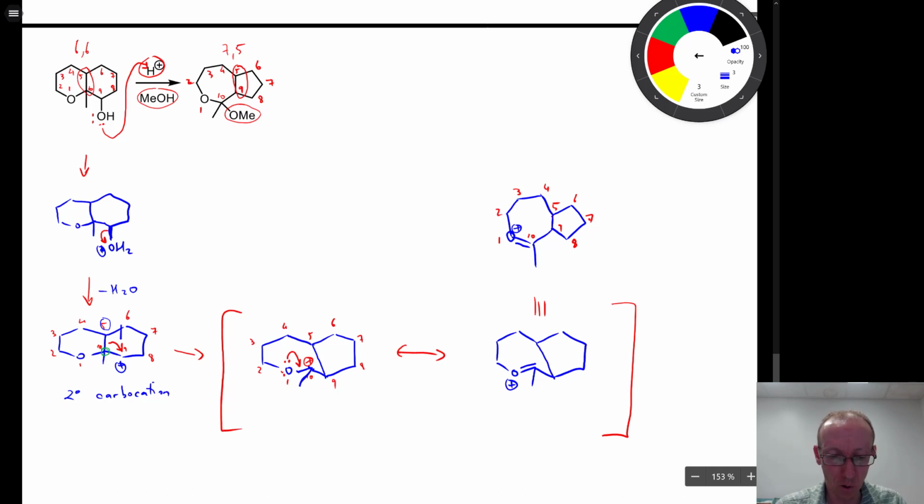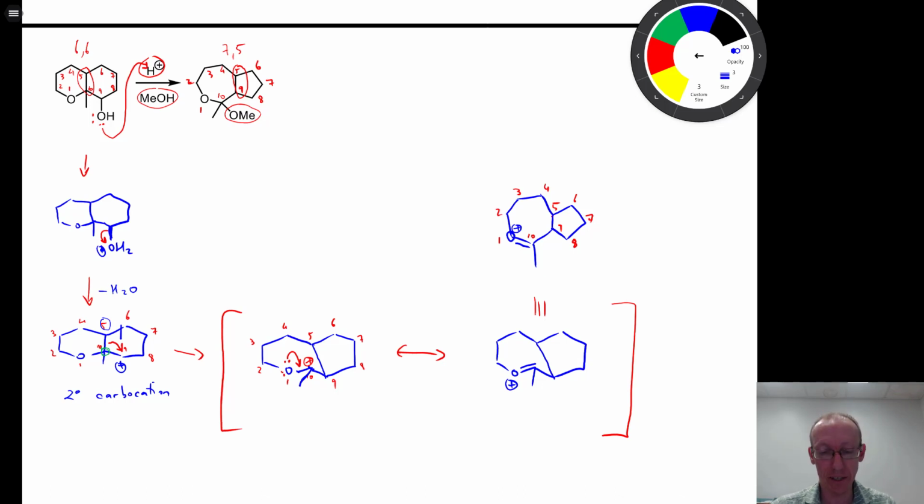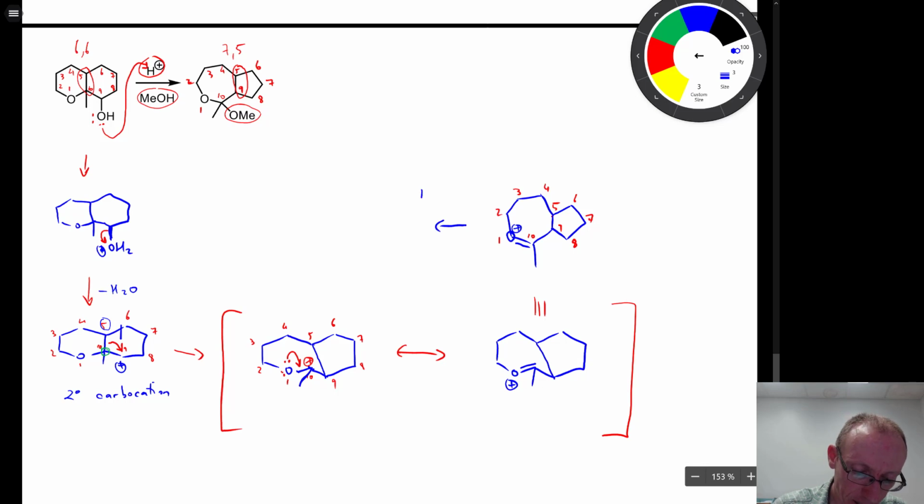Okay, so we're almost at the product now. We've just got to capture this carbocation with methanol and then lose a proton. So let's get our methanol and show it trapping that carbocation.